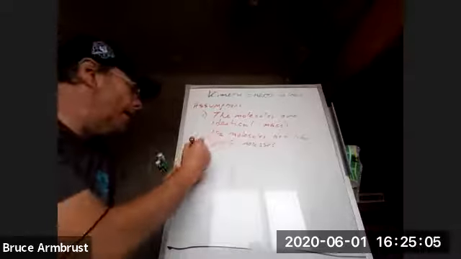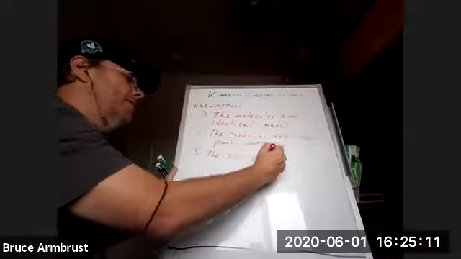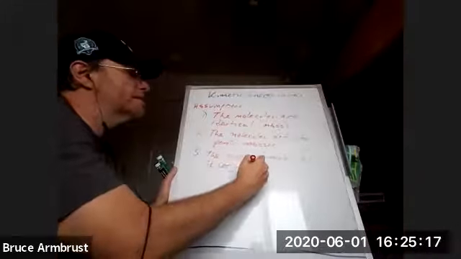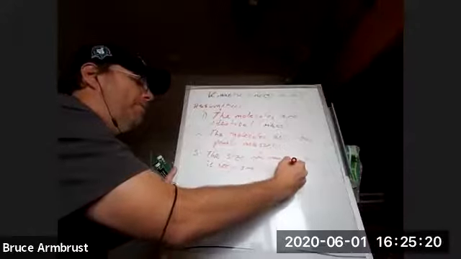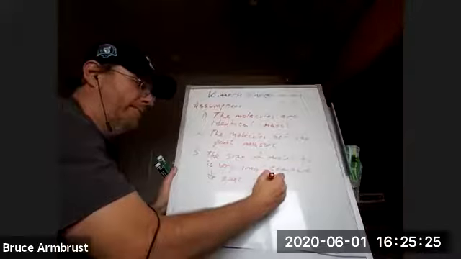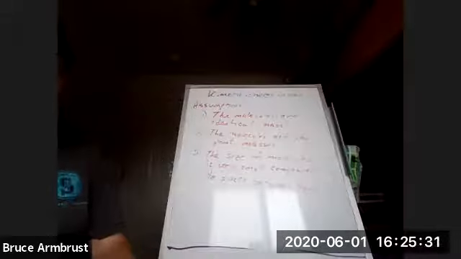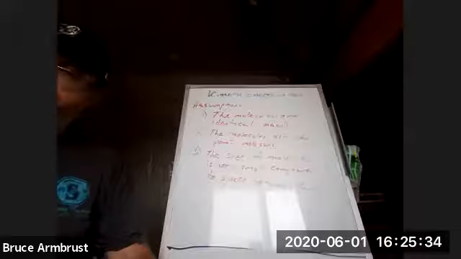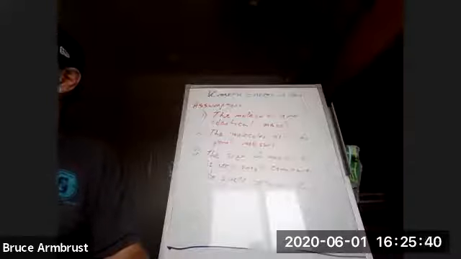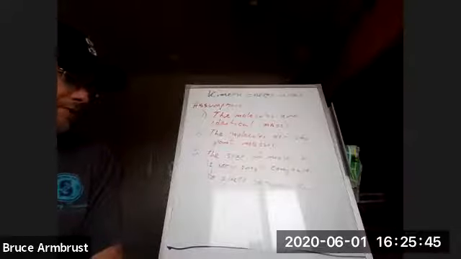A third one is that the size of the molecules is very small compared to their separation. So compared to the space between them. So basically, there's plenty of room around these particles. So their sizes are very small compared to the distances between them.